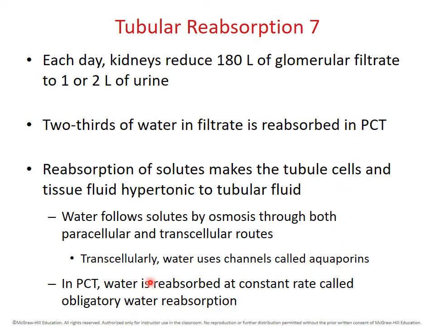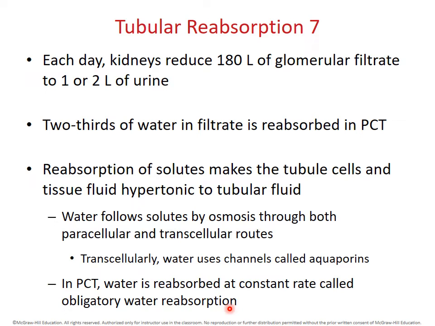All right, now in the proximal convoluted tubule, water, which again is largely following the active transport of sodium and then the drag of other solutes, is reabsorbed at a constant rate. In other words, we don't have any hormonal mechanisms that will influence how much water is reabsorbed at the proximal convoluted tubule. So what happens in the proximal tubule is what's known as obligatory water reabsorption.